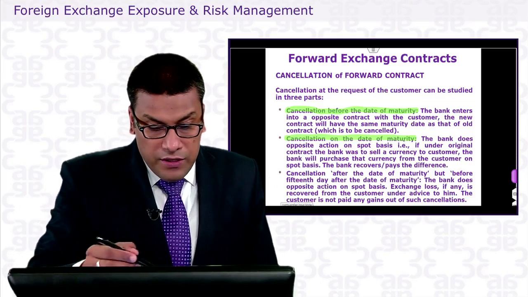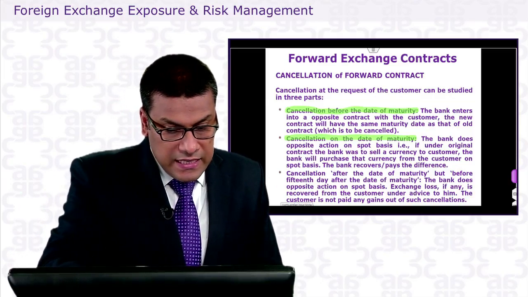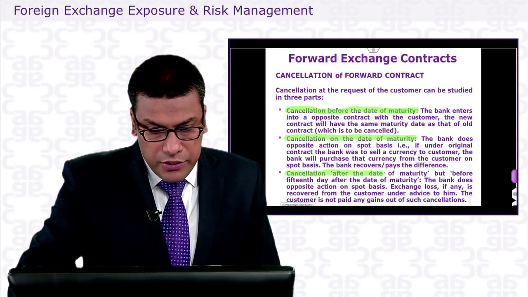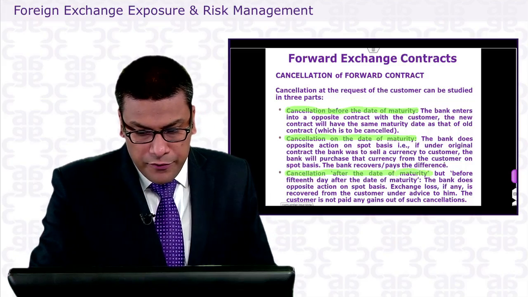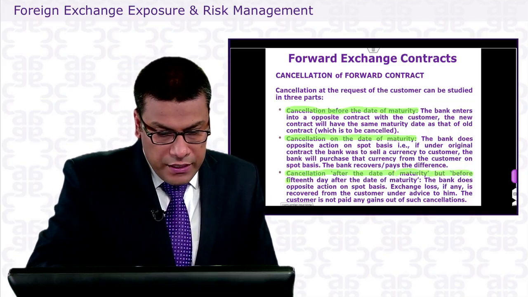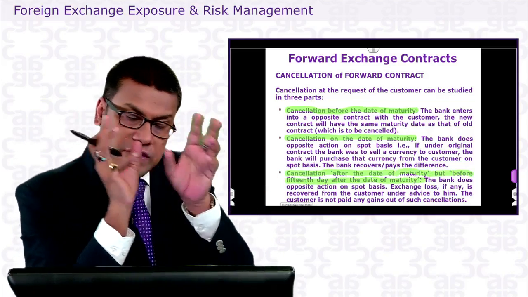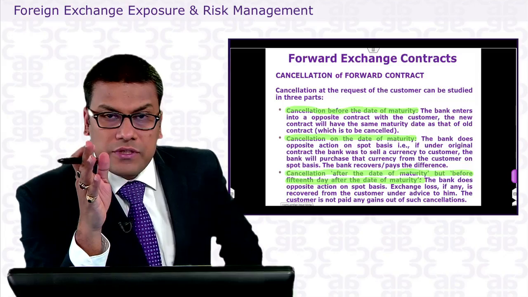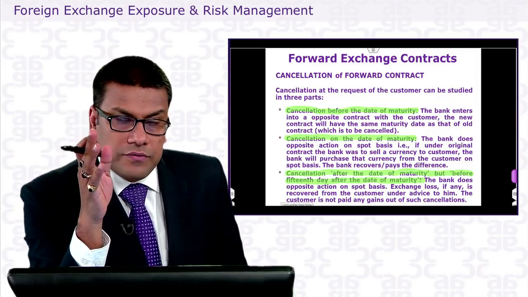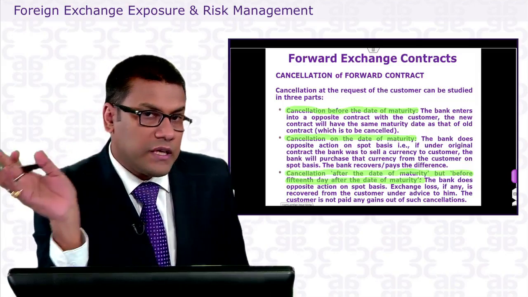Now, if the cancellation is after the due date of maturity, but before the 15th day after the date of maturity, so we are trying to take a different variation. Earlier we said that any contract which is not executed 15 days after the date of maturity automatically gets cancelled.